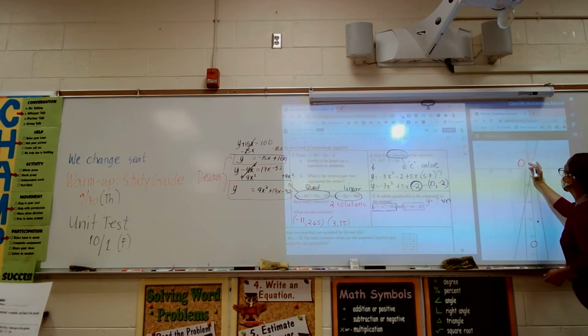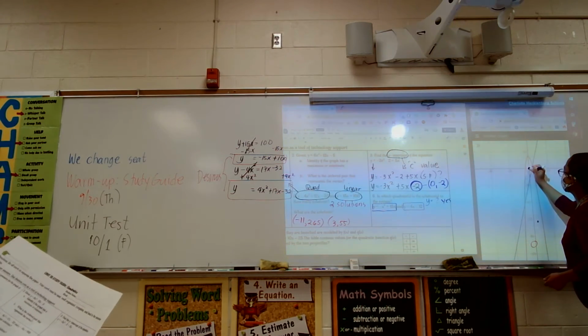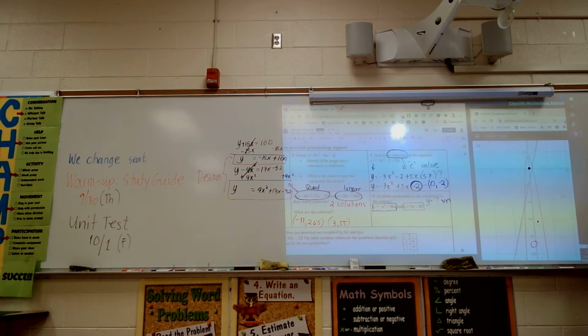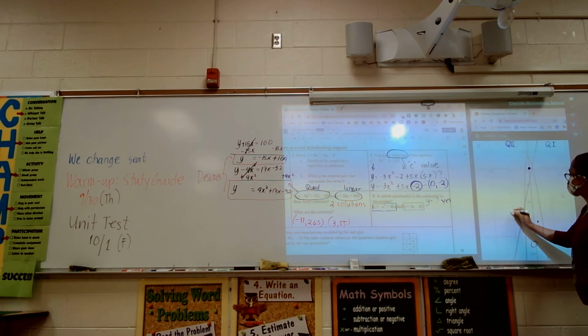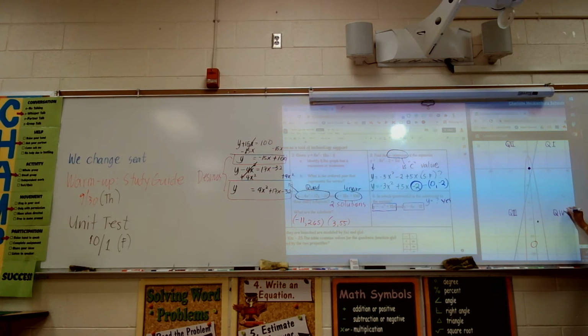So if this is your origin, this is your quadrant 1, this is your quadrant 2, this is your quadrant 3, and this is your quadrant 4.